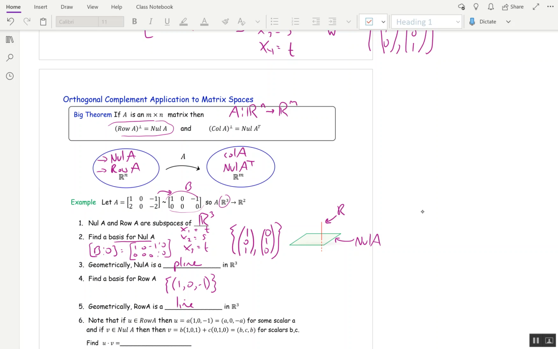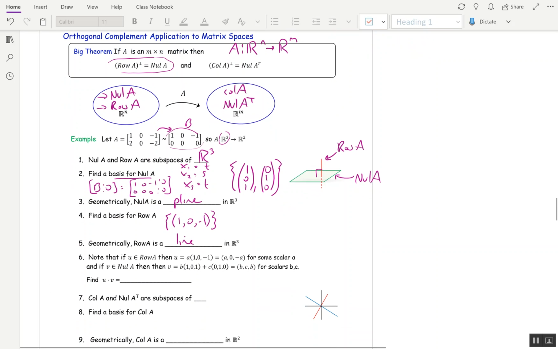This is row A, and I've drawn them to be perpendicular, and in fact they are, because if we take any vector in row A, that means it's a multiple of the single vector that spans row A, so it would be of the form a, 0, -a. And if we take any vector in null A, it's going to be a linear combination of these two vectors.